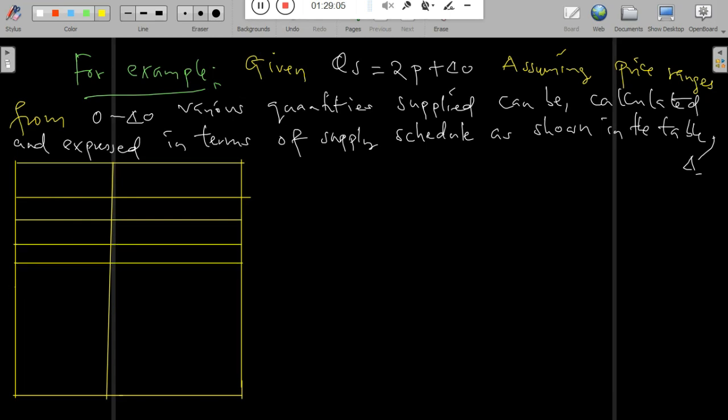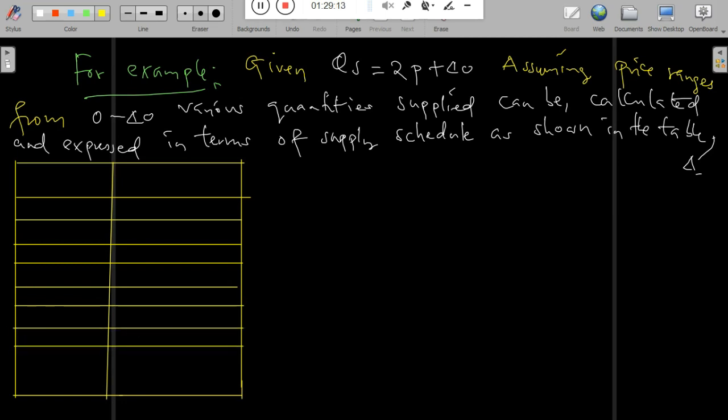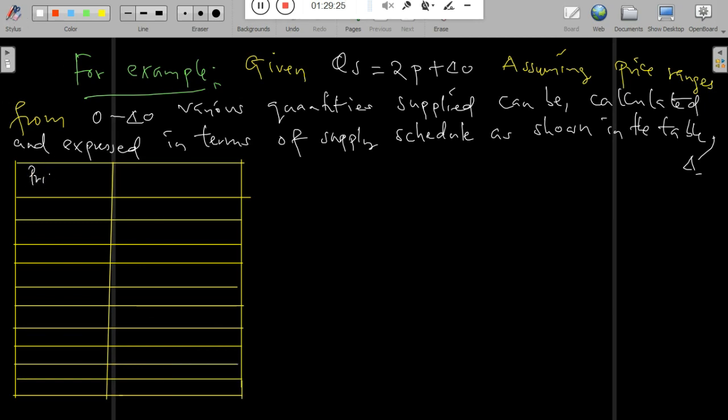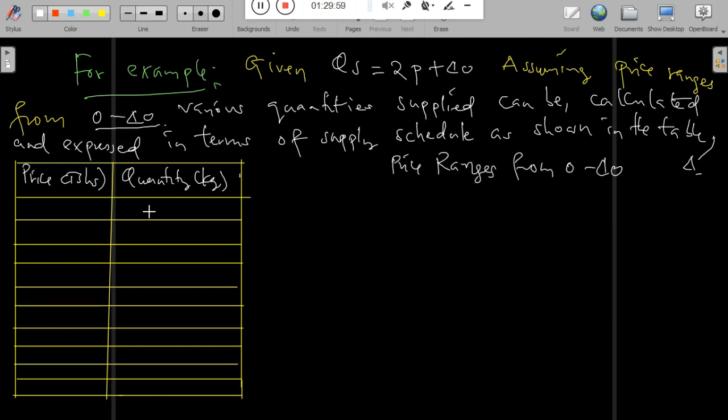We have the price in Tanzanian shillings on the left hand side, and the quantity in kilograms on the right hand side. We have 0, 1, 2, 3 up to 10.